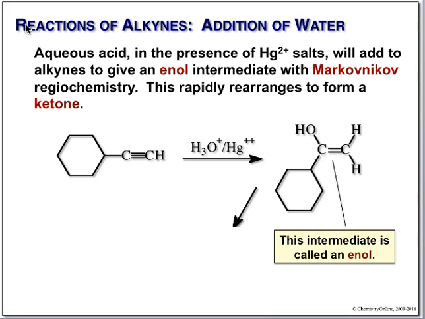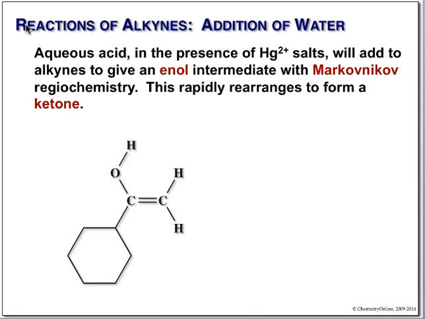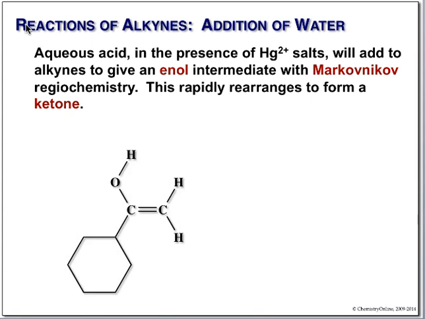The rearrangement occurs, the carbon-oxygen turns into a double bond. This end turns into a CH3. Now, this looks a little bit like magic. It's not. Let's look at it a little more closely. Here's our enol.